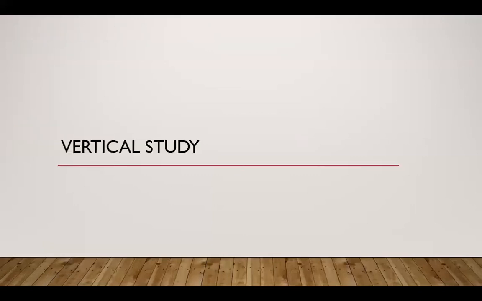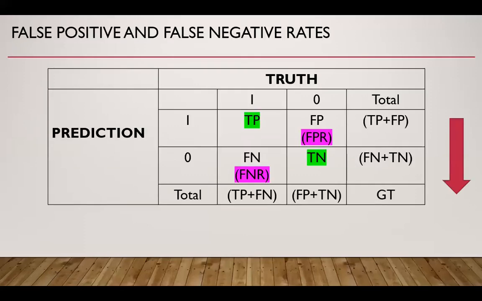Then this is the vertical study. There are many metrics which are calculated on the basis of vertical summations of a confusion matrix. Let us first consider false positive and false negative rates. So this is false positive, and this is false negative. So we can calculate false positive rate and false negative rate.